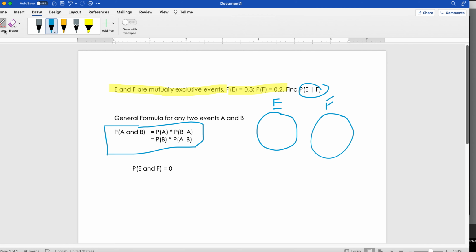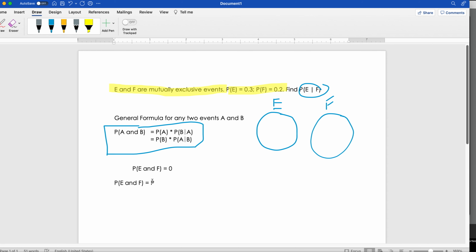So if I write down here the probability of event E and F happening is equal to, now I'm using this formula up here that I just boxed in blue. This is our general formula.